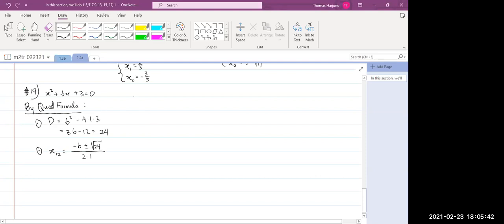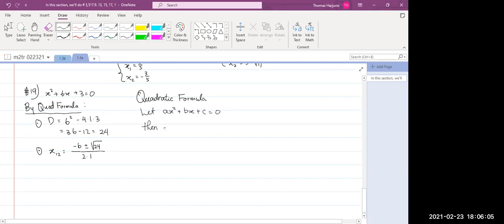Maybe I'll write the quadratic formula here. Let ax squared plus bx plus c equal 0.